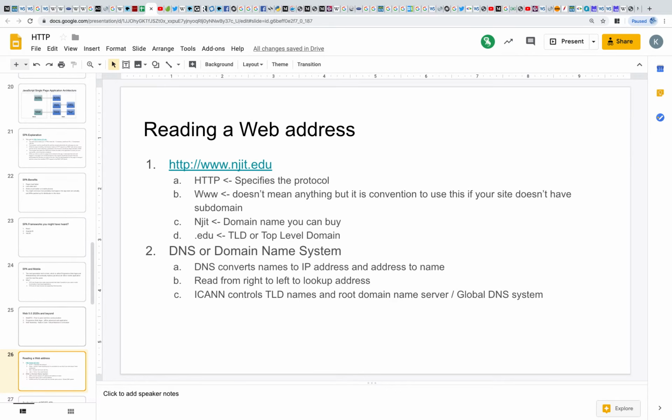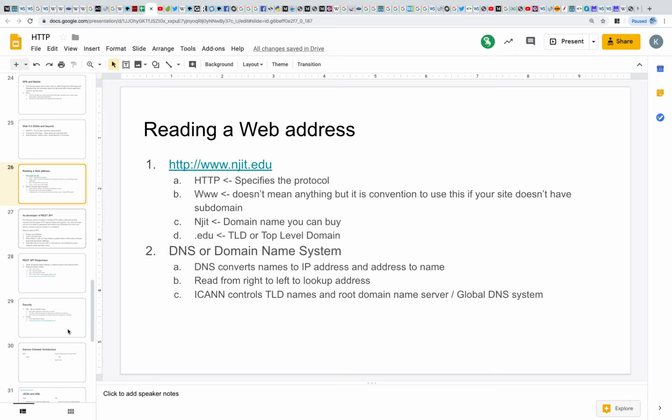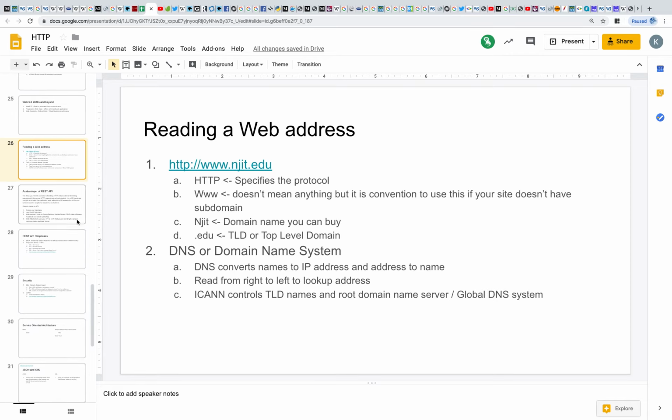All right. So these are the last things we've got to do, real quick. We need some terminology here. I want you to know how to read a web address. If we look at this, HTTP is the hypertext transfer protocol. That's how the data gets transferred. www doesn't mean anything, but it's convention to use it if your site doesn't have a subdomain.